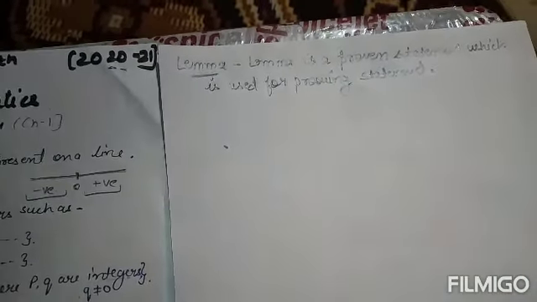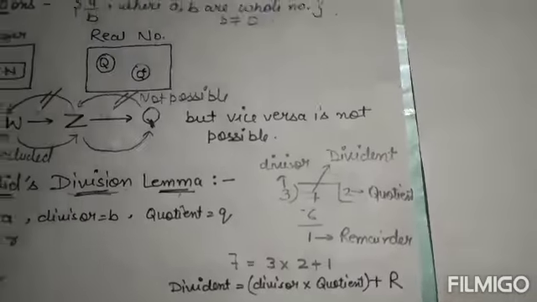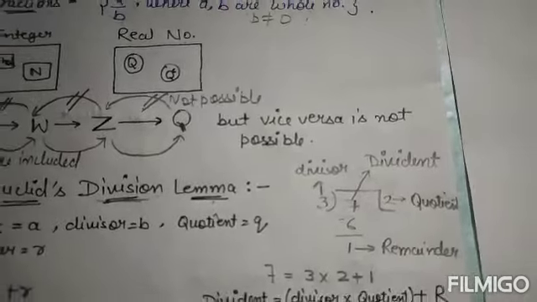So what is a lemma? A lemma is a proven statement. It is proved already, but it is used to prove some other statements. Theorem.